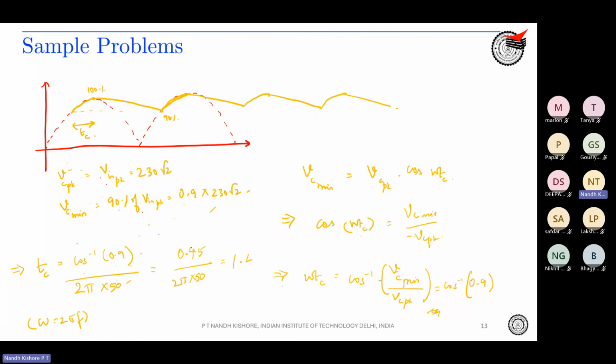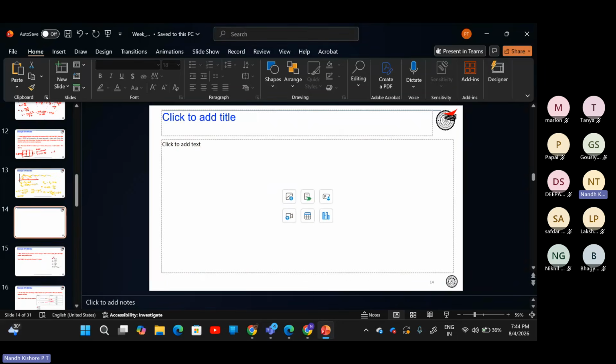So it gives us 1.436 milliseconds. So this is our TC, the charging period for the capacitor. Let me take a new slide.